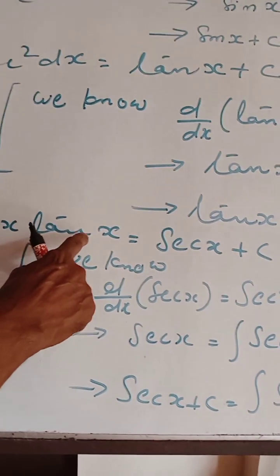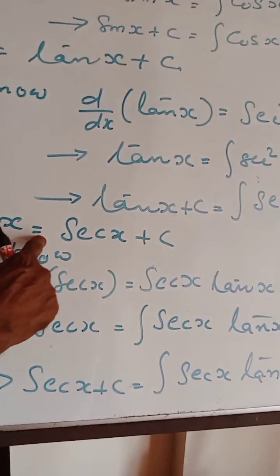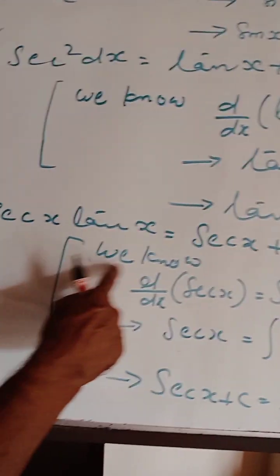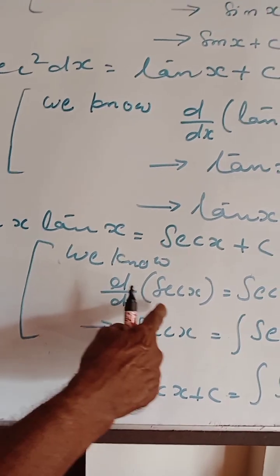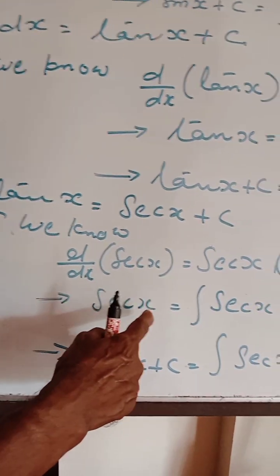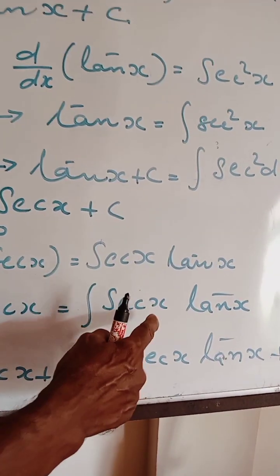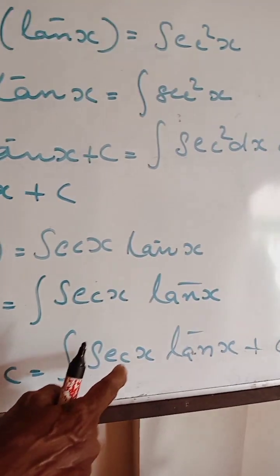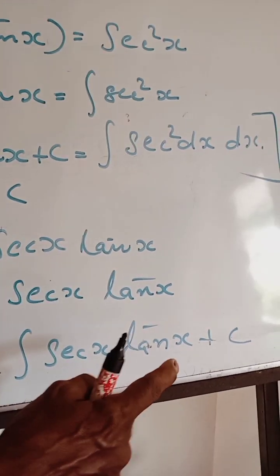Sixth one, integration of secant x tan x dx is equal to secant x plus c. We know d by dx of secant x is equal to secant x tan x, which implies that secant x is equal to integration of secant x tan x, which implies that secant x plus c is equal to integration of secant x tan x dx.